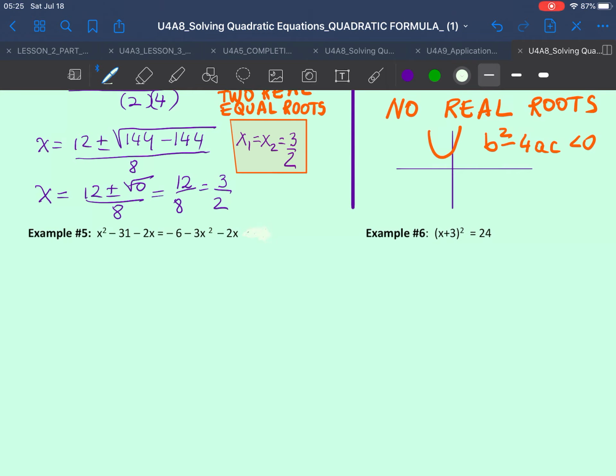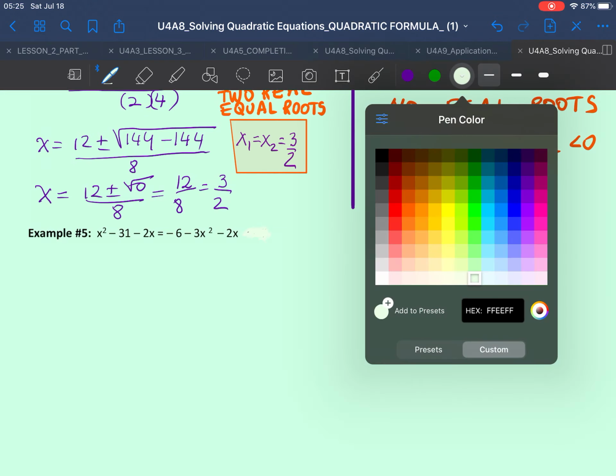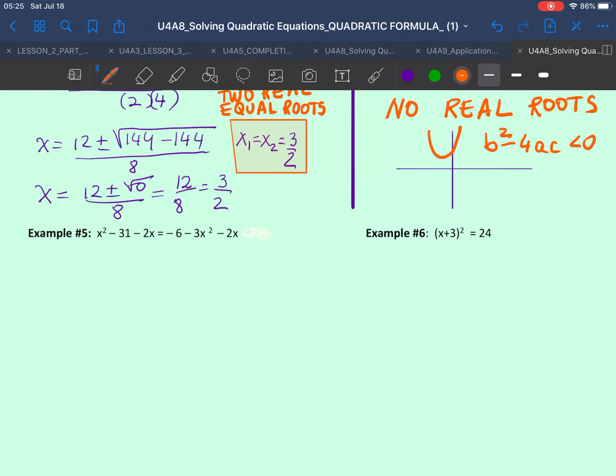We have x squared minus 31 minus 2x equals negative 6 minus 3x squared minus 2x. We must take all the terms to one side of the equation, and that's because we need the equation to be in standard form. So we have negative 3x squared on the right side, which will join, so plus 3x squared.